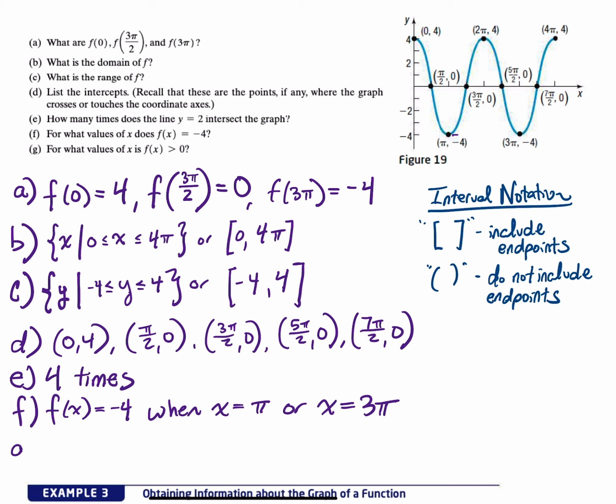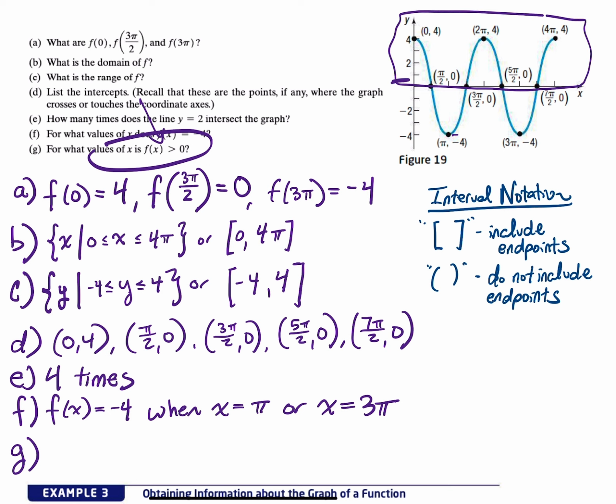This last question is a little bit more interesting. It asks, for what value of x is f of x greater than 0? What does this mean? It means for what inputs is the output positive? So that means that we would be above the x-axis. So for what values of x is our graph above the x-axis? Well, we have sort of a bunch of sections.